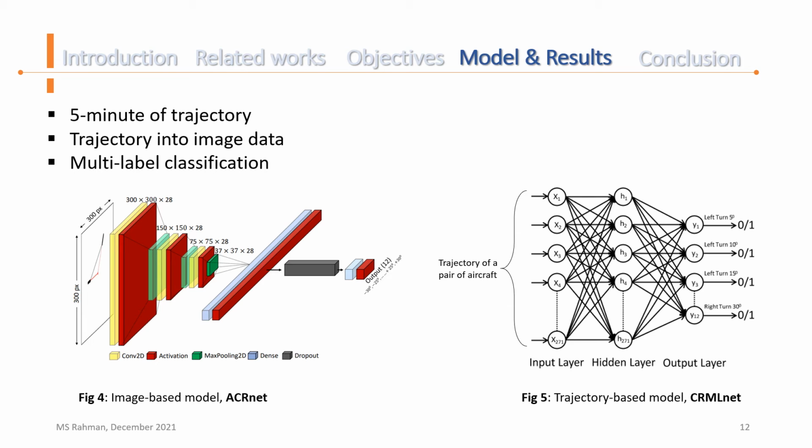We trained and tested our model where each image contains an aircraft conflict scenario and the output class labels are all the heading directions from left 30 degrees to right 30 degrees, that is 12 headings. Then we compared our ACRNet model with the CRMLNet model while the output class labels are the same for both models. But the input of ACRNet is an image while the input of CRMLNet is trajectory data. Let's see some results to compare them.